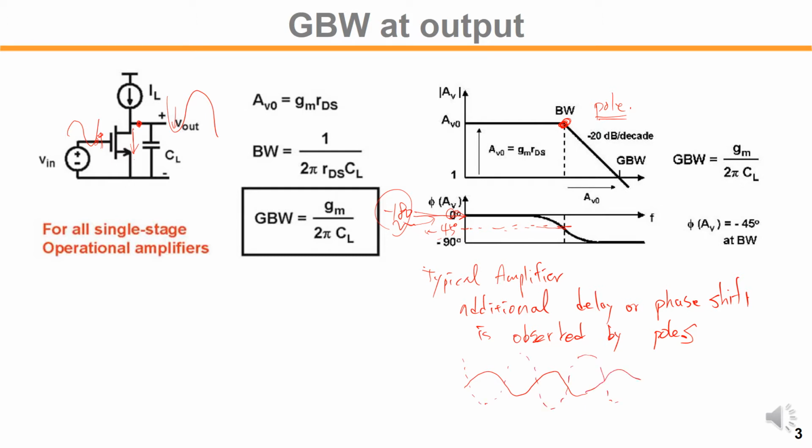So when you apply the input sine like this, typically without delay, the output will be like this, just phase inverted. But with the pole, it depends on the input frequency you apply. At the low frequency, you are getting like this, the 0 delay, just phase inversion. But if you increase the frequency, to a frequency with a minus 90 degree shift, then it will be like this at the higher frequency.